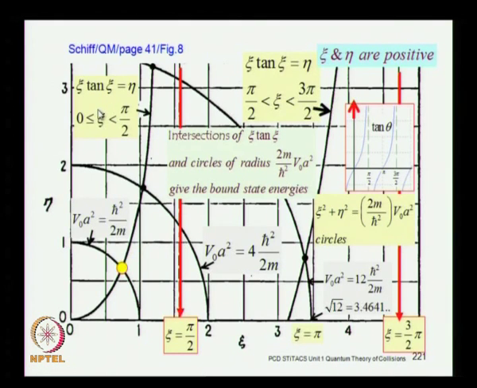So, here are the solutions: you get the first solution over here, the second intersection is what you get over here, then you get 2 bound states for this circle, whereas for these 2 circles you get only 1 bound state, because the potential must cross a certain minimum strength.